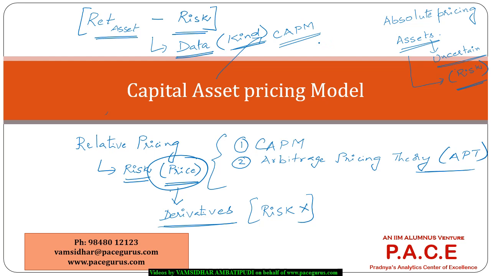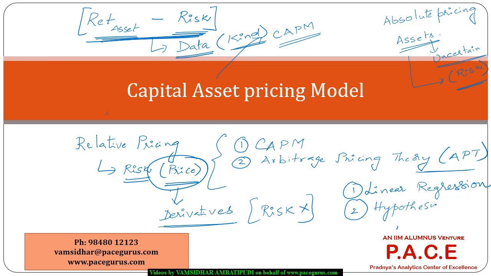Once we have the data with us, we really need to model the dependence between the return and the risk. This is where I would be using the concept of linear regression. Linear regression is a concept that will build the relationship between the return and the risk, and on top of that we'll perform some hypothesis tests to really assess the significance of the result.